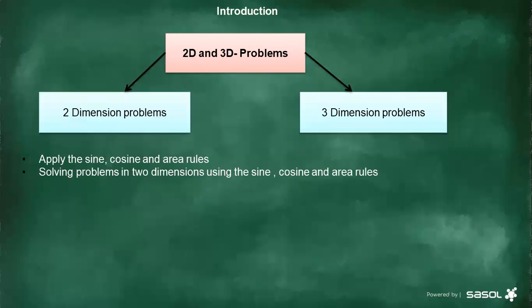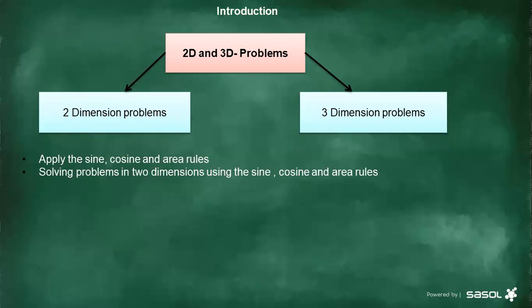So remember when we were in grade 11, the way we answered questions under 2D problems using the sine rule, the cosine rule, and also calculating the area of a triangle is still the same with 3D problems. So it's the same.